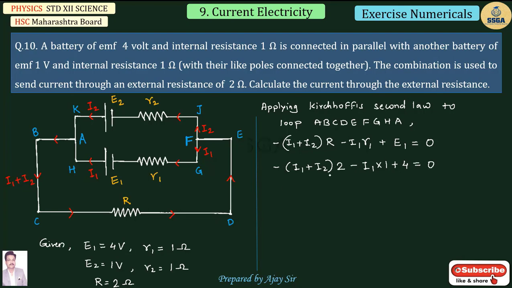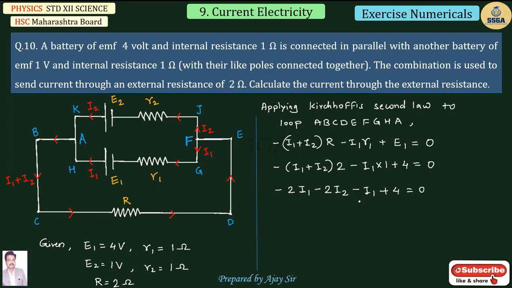Let us remove the bracket and multiply by 2 inside. This is minus 2 I1, and the minus times plus becomes minus 2 I2 minus 2 I1, minus I1 into 1, that is minus I1, plus 4, which is equal to 0.